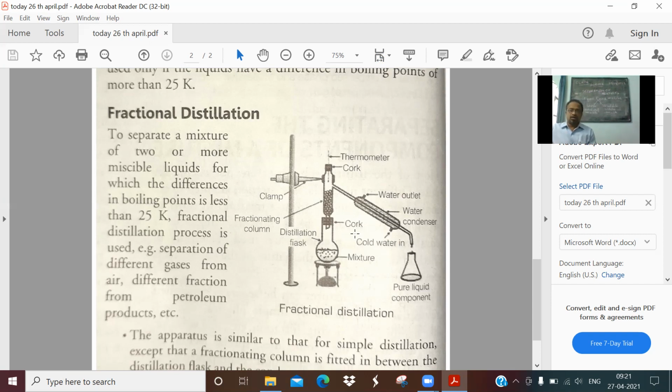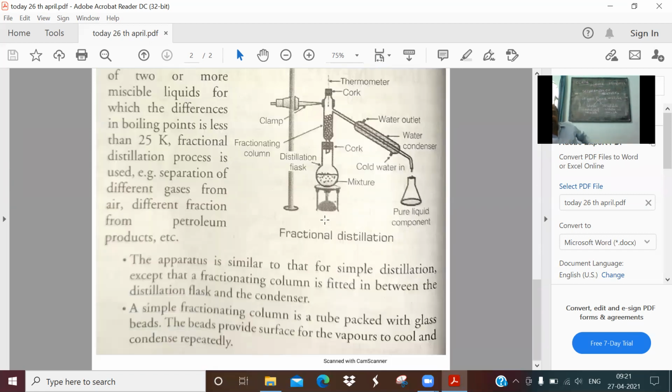So petroleum products, I told you, petroleum or crude oil has 6 to 7 components in it. All are highly useful. They are to be separated. There also we use this method called fractional distillation, where the different fractions have a difference in their boiling points.